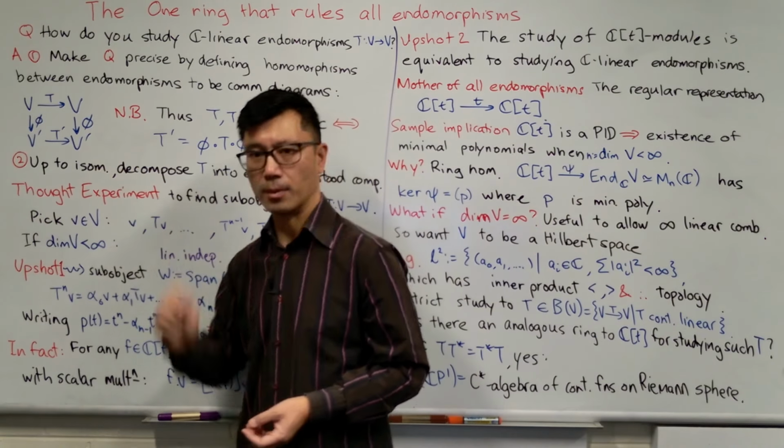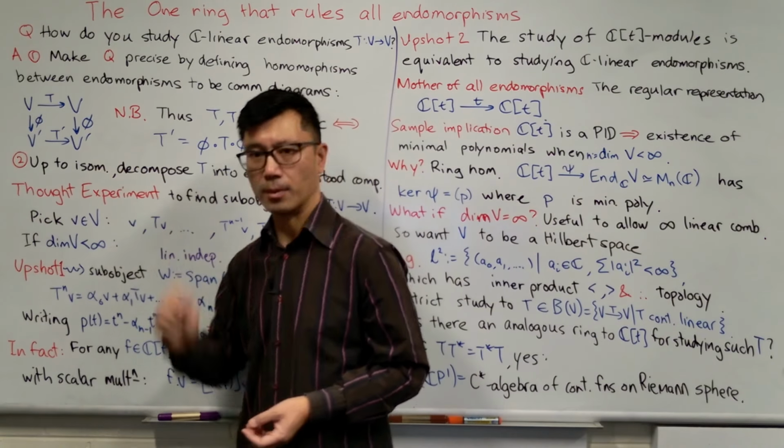Let's just suppose we start with V, and TV is linearly independent of V, and T squared V is linearly independent of the previous two, and we keep going until the first n of them are linearly independent, but then T^n V depends linearly on the previous ones. Let's just suppose this is true.